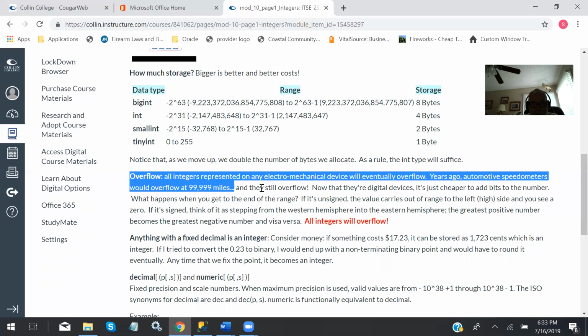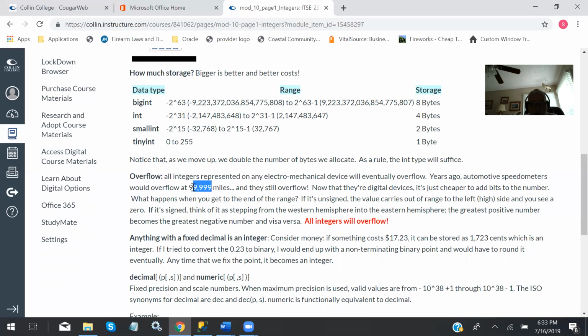I know I'm getting old when all of my examples have fallen off of the scale. Years ago, when I was a kid, I had to walk to school 2 miles through the snow. Automotive odometers would overflow at 99,999 miles. These are the old-timey mechanical ones.